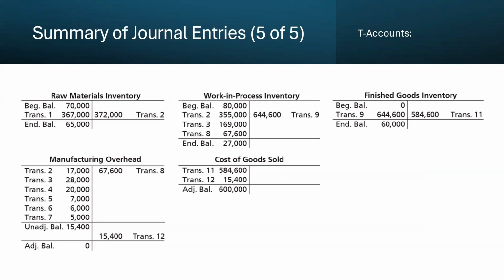The goods sold were removed from the finished goods inventory and appear as a debit to cost of goods sold. And of course, what you see are T accounts.